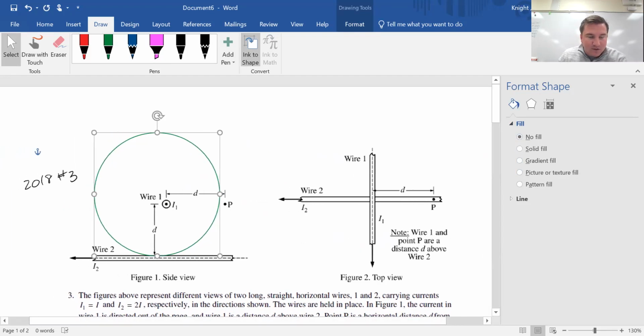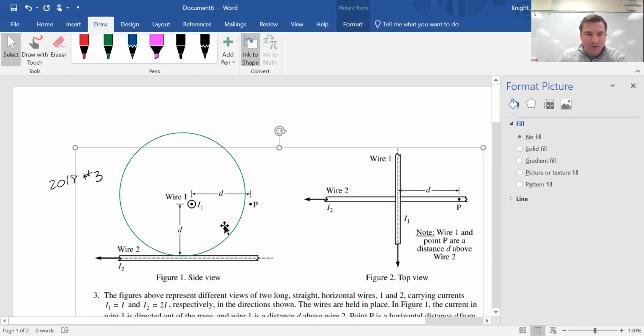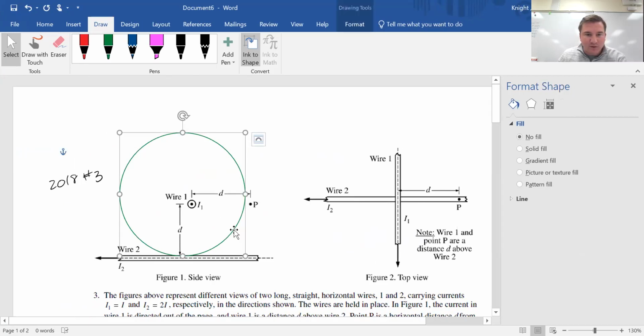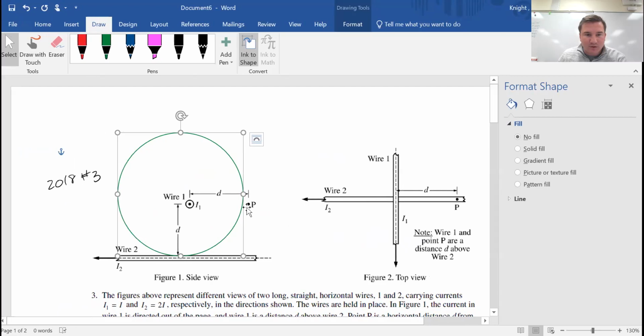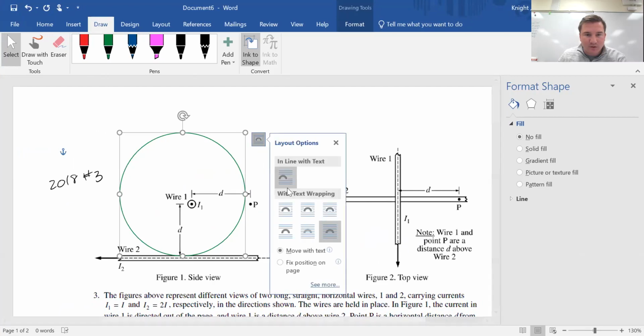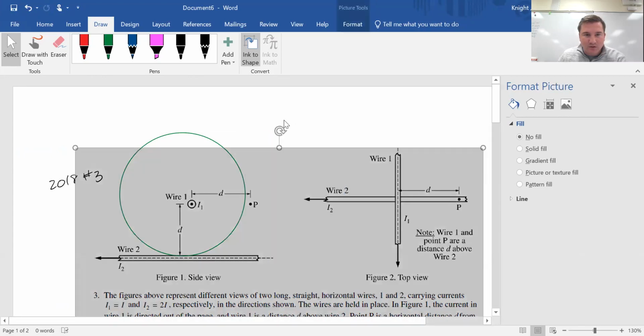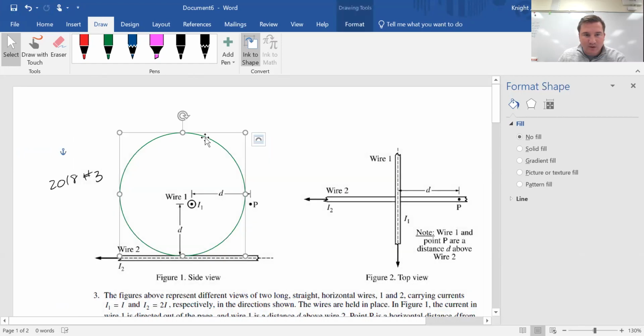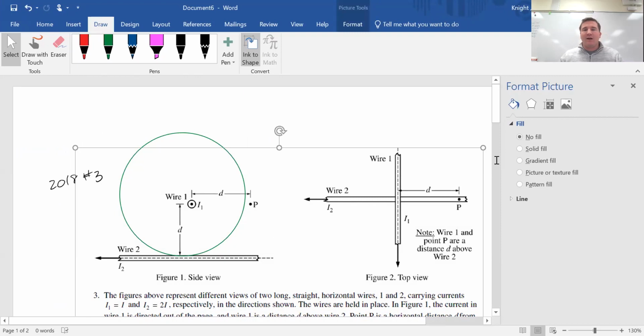Freehand. Really, everyone's really impressed. Can I just move it over a little bit? It's not going to let me move it. All right, well, it's close enough to being where it needs to be.